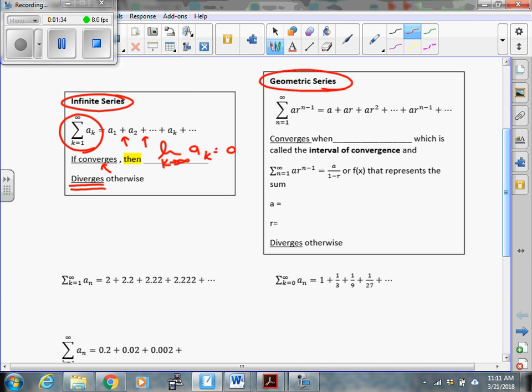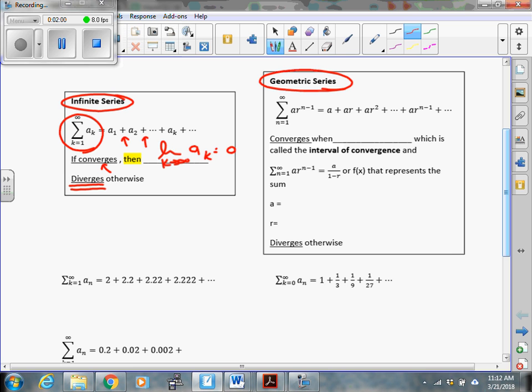A geometric series is a geometric sequence that we've now added together. Basically, if it's geometric, it means it has a constant multiplier. Think about constantly multiplying by a number smaller than 1, or more specifically between 0 and 1, like, say, half.